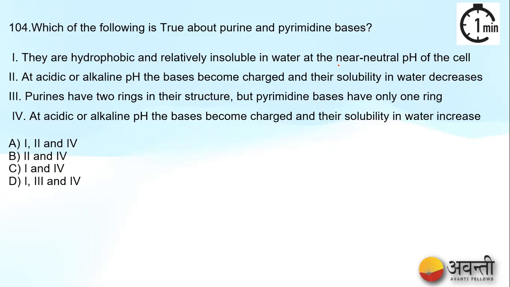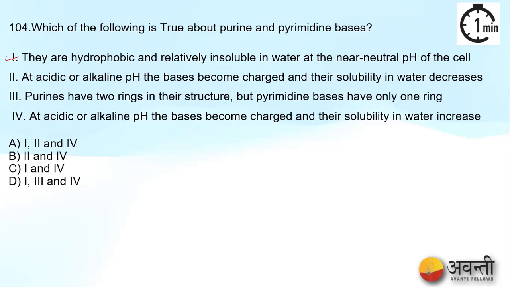So the option that they're hydrophobic and relatively insoluble in water at the near neutral pH of the cell is absolutely right. They are hydrophobic and insoluble, especially at neutral pH. You know the pH of water is 7. So at that pH, you can find these nitrogenous bases acting as insoluble in water. So that is correct.